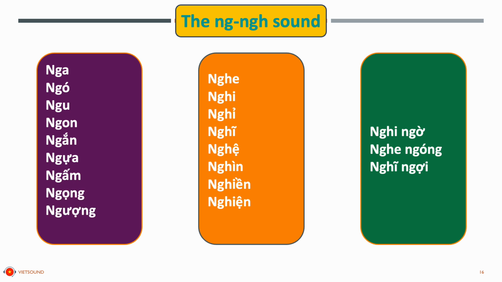Now the ng sound is spelled by the combination of three letters n, g, h. Nghe, nghi, nghỉ, nghĩ, nghệ, nghìn, nghiền, nghiện, nghi ngờ, nghe ngóng, nghĩ ngợi.